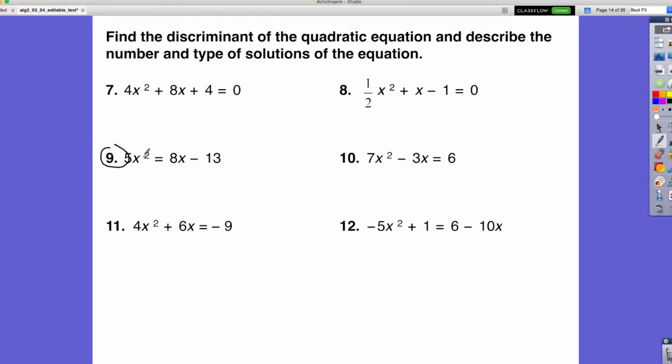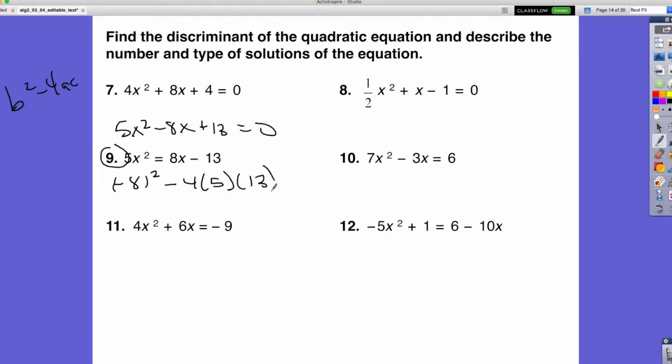So it's not in standard form. Let's put it in standard form. 5x squared minus 8x plus 13 equals 0. So let's find the discriminant first. B squared minus 4ac. So b squared is negative 8 squared, minus 4 times a times c.